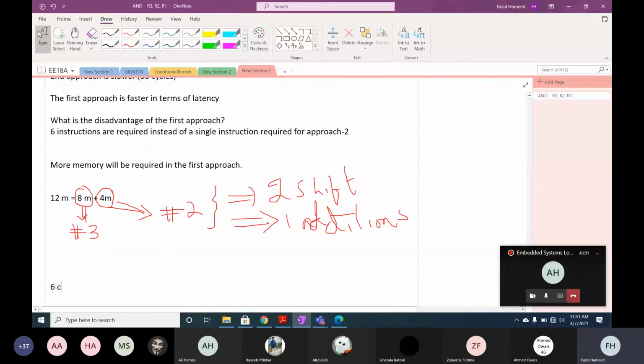So 6 cycles will be required, assuming that the add and shift operation requires 2 cycles. Am I right or not?